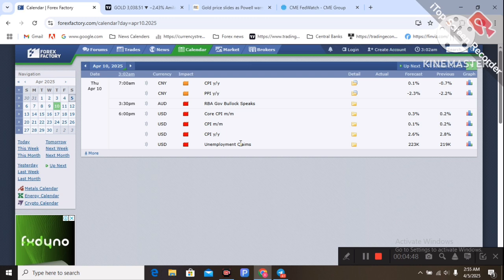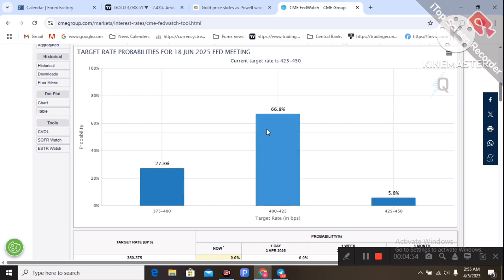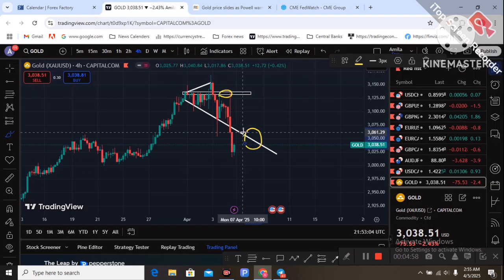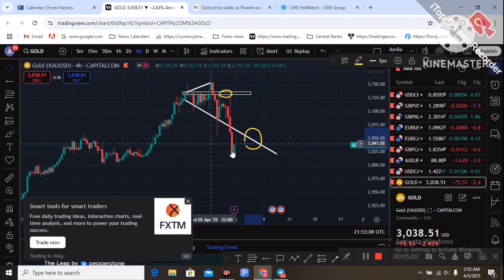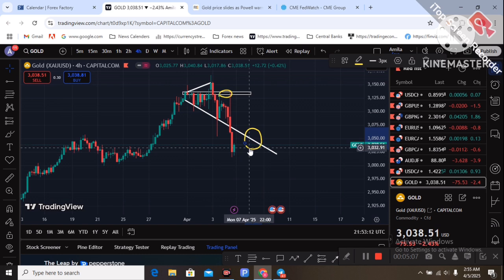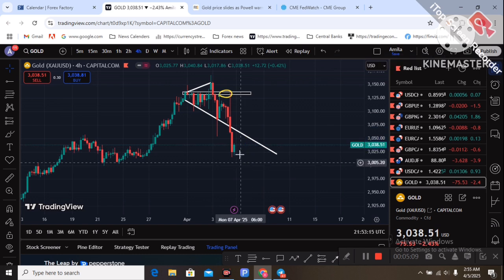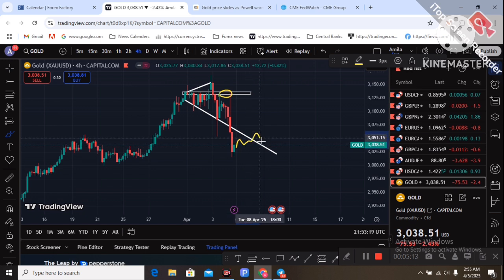So if inflation drops to 2.6% or below, that will increase the rate cut odds, and that will help gold push to the upside. That's the first thing I am seeing in the inflation report.